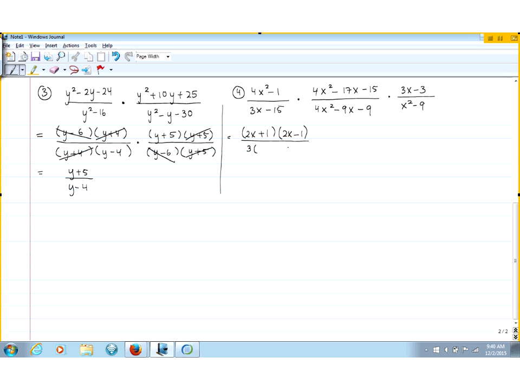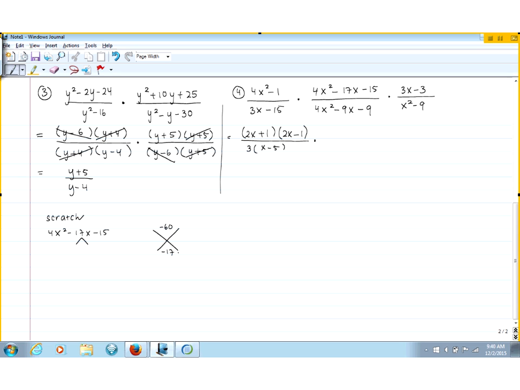15. How do we factor this out? 3 times x minus 5. Okay. How about the 4x squared minus 17x minus 15? So how do we factor it? Grouping. Product is equal to negative 60, sum is negative 17.